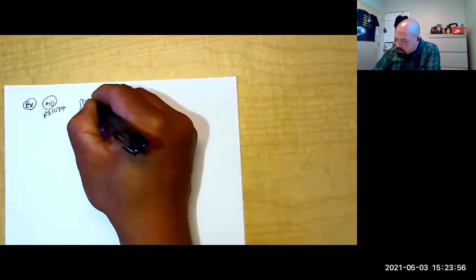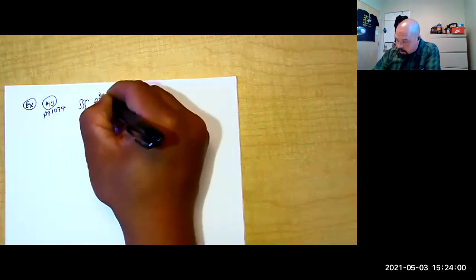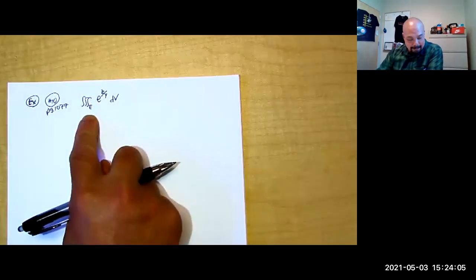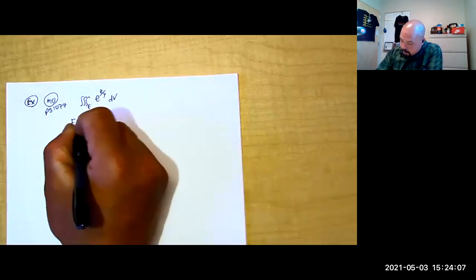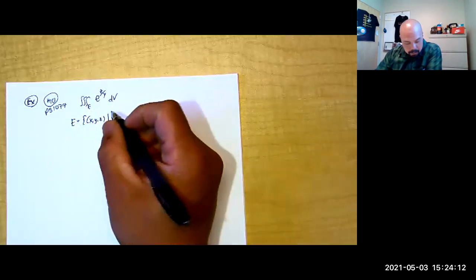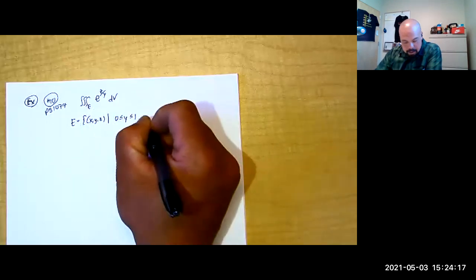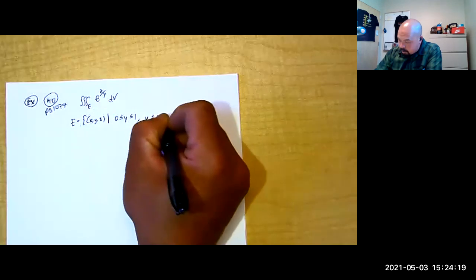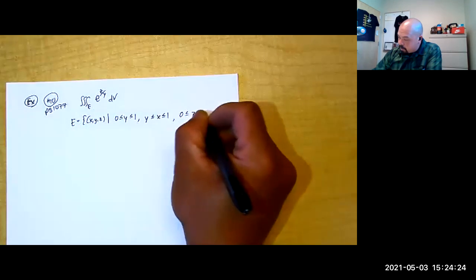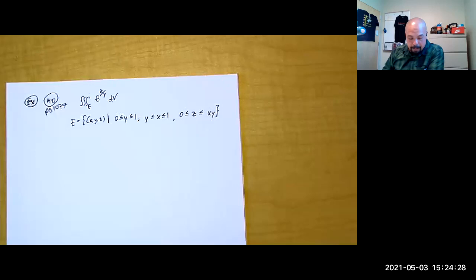And we're going to be integrating e to the z over y dV throughout that 3D space E, where E is the set of ordered triples where y is between 0 and 1, x is between y and 1, and z is between 0 and this product xy.